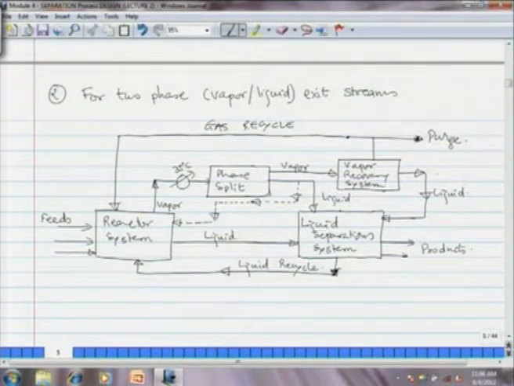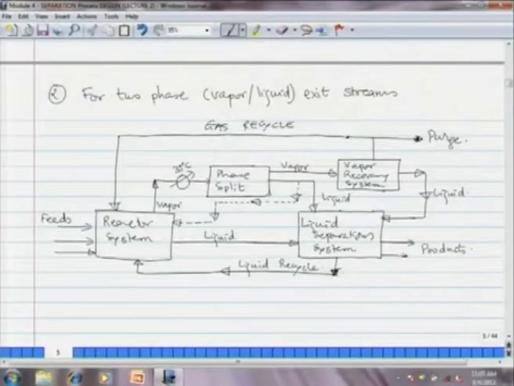The vapor recovery system will again generate liquid, because you have to recover that solute vapor in some solvent, and then the solvent has to be recycled after recovery of the solute. That separation or recovery of solute from solvent is again by distillation. From the vapor recovery system, you see a stream that is coming to the liquid separation system.